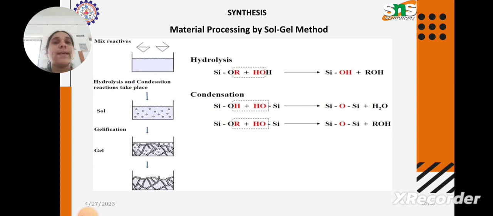An example for the sol gel method is silicon hydrolysis and condensation. First we mix the reactive materials, and first hydrolysis and then condensation give a sol, and then gelification and gel formation occur.